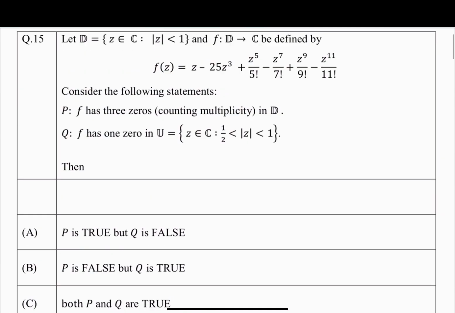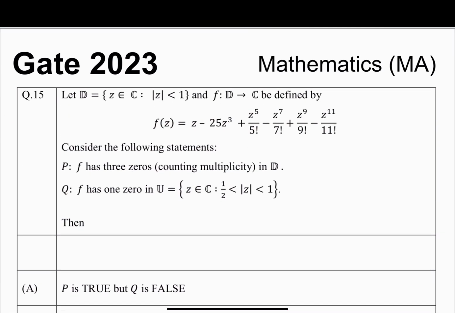So in the unit disk, we will solve this question by finding the zeros, right? In order to find the zeros of an analytic polynomial, we will use Rouché's theorem.